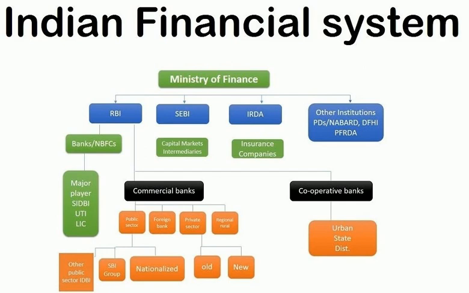It not only provided long-term and medium finance, but also coordinated the activities of all financial institutions. Then after in 1976, it was converted into a separate autonomous institution delinked from RBI.